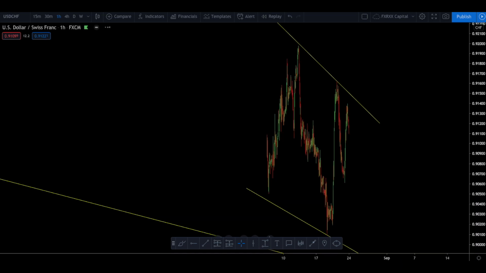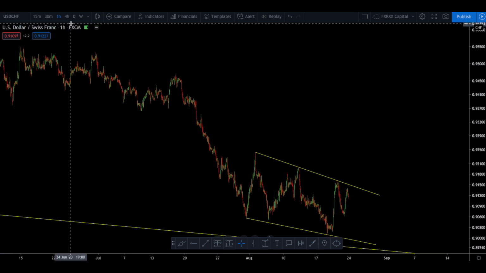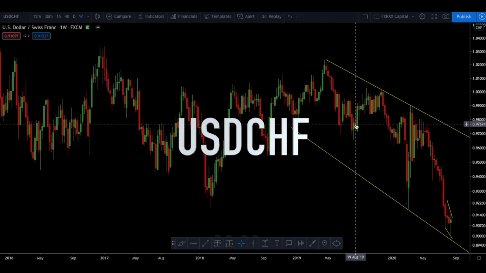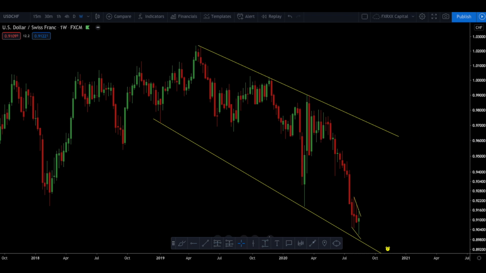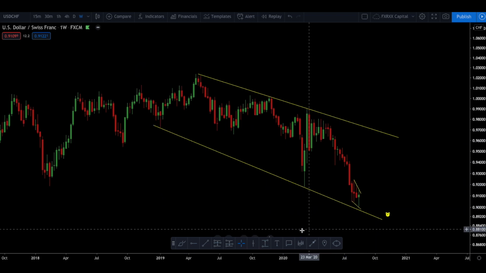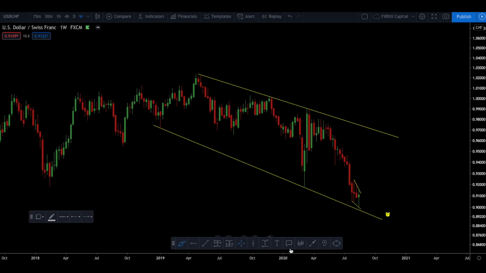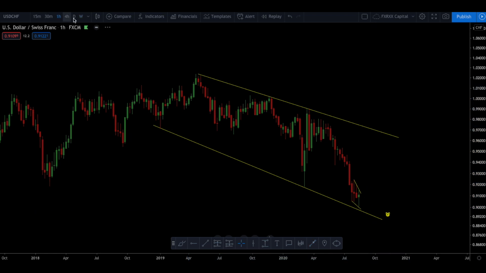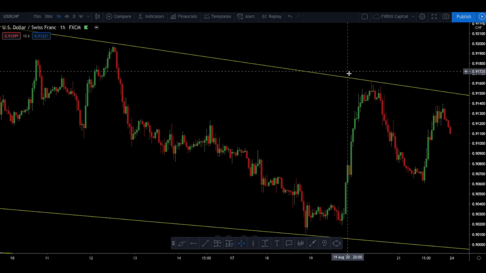So for last pair, which is USD CHF, price approaching this third touch, which is one touch here, second touch here, and third touch from here. If price move the third touch, I expect price to move to the outward in 1 hour time frame.